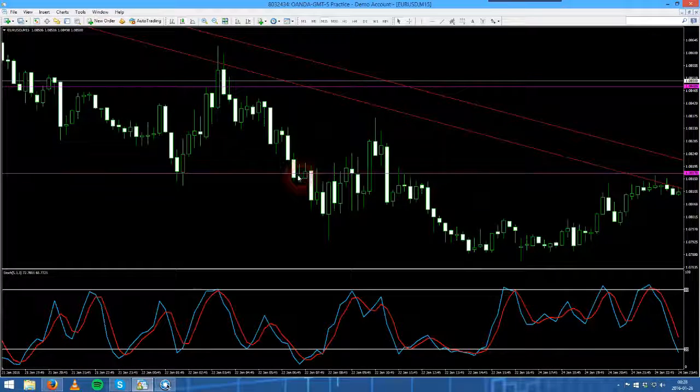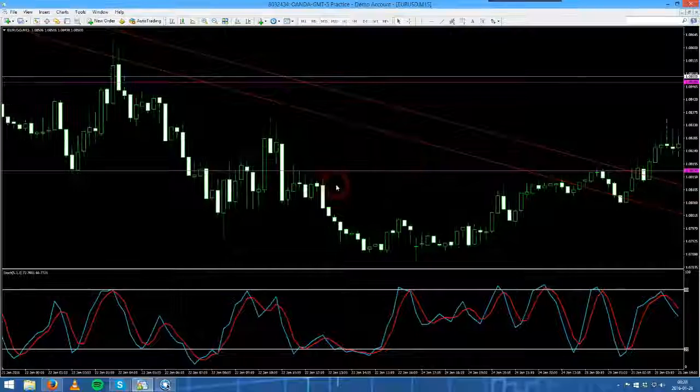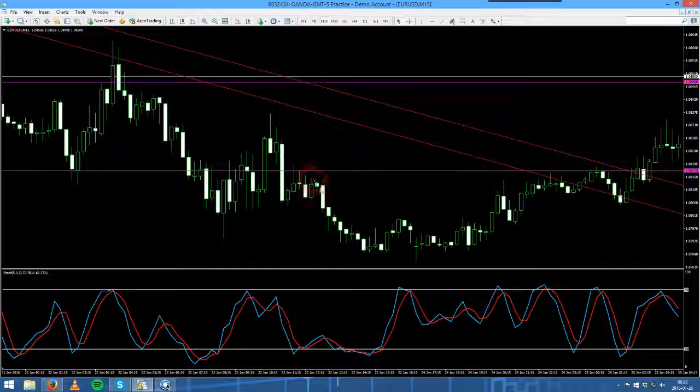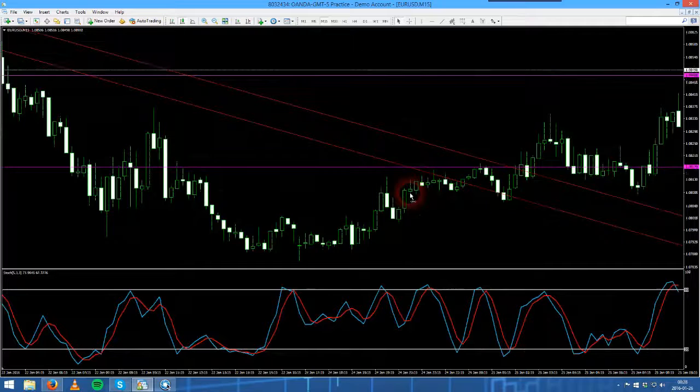So later on here, this support broke, price fell. It tried to break it up again, didn't completely manage, did here, but then it dropped again. But this time, in this area, it really became a strong resistance because price couldn't even reach. No candles could close above it.